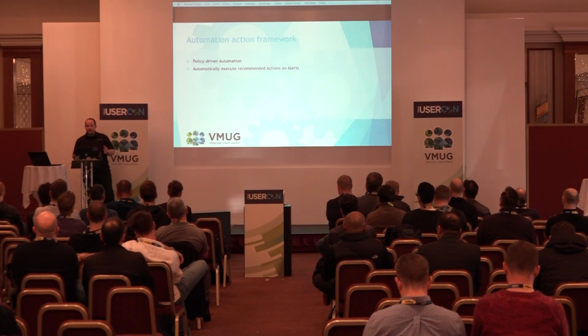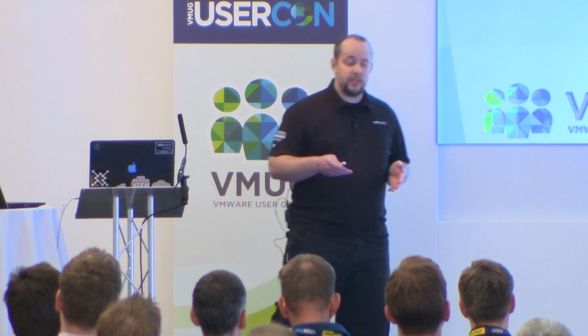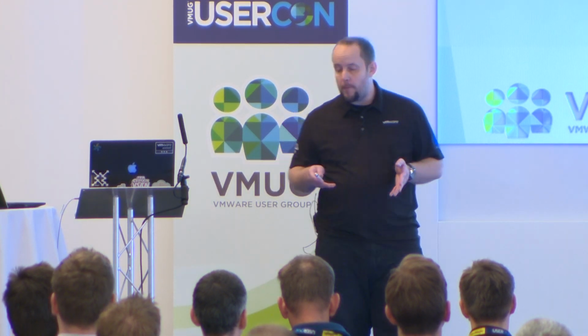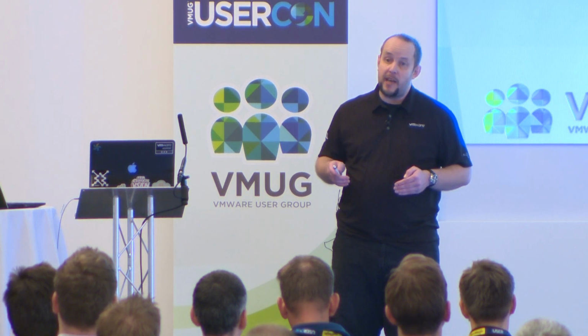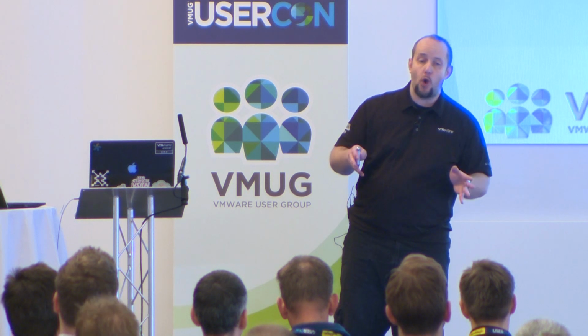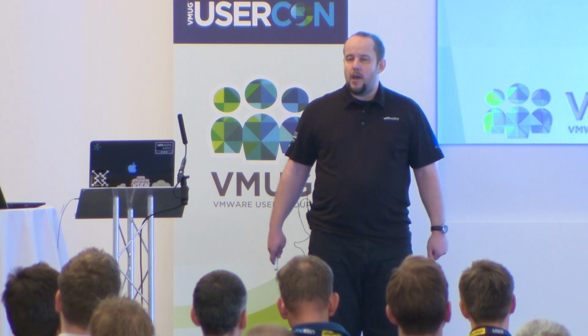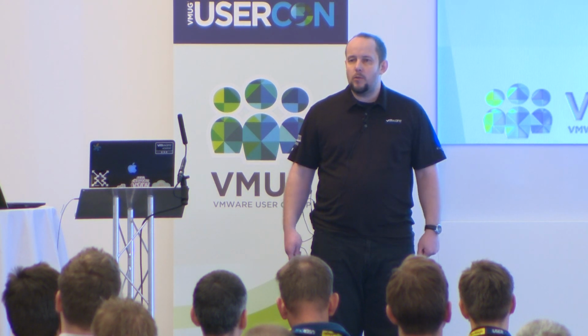You want to be able to automatically execute and recommend actions on alerts. So what does that mean? When you have an alert, you can add recommendations. That can usually be just text. So let's say it's specific to your environment. You've got an alert and it says, this CPU is really busy. Well, what do you do?